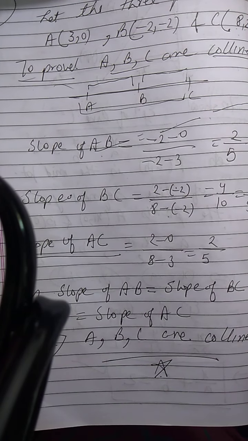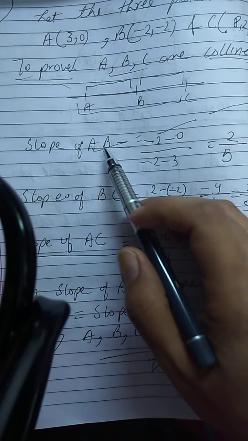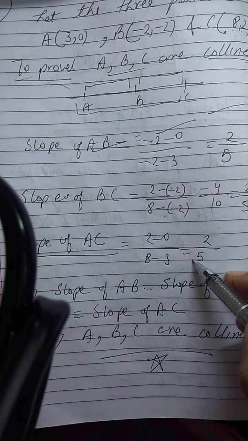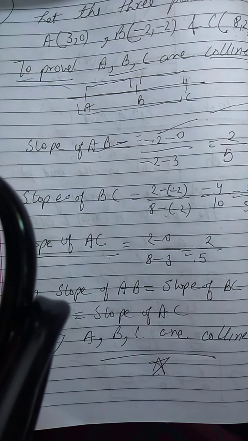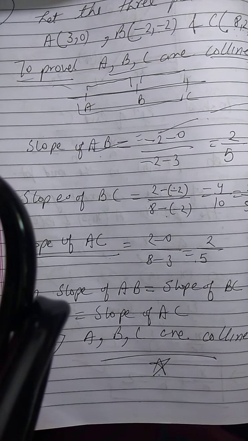And now this is the third method that we have learned. If 3 points are given and I calculate the slopes of AB, BC and AC, and if the slopes come equal, that means these 3 points are collinear. So this is the third method we have learned today to show that the given points are collinear.